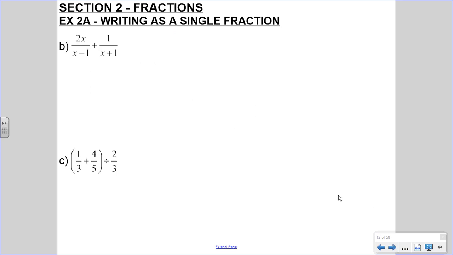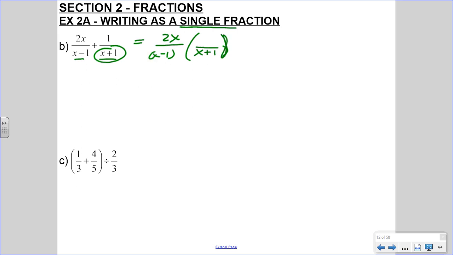Next, let's go for this one. So again, in order to write this as a single fraction, that's the task. This and this they have different denominators, and they need to have the same denominators to make them comparable. So this first one has an x minus 1 on the bottom, but this one has an x plus 1. So I need the bottom to have x plus 1 as well.